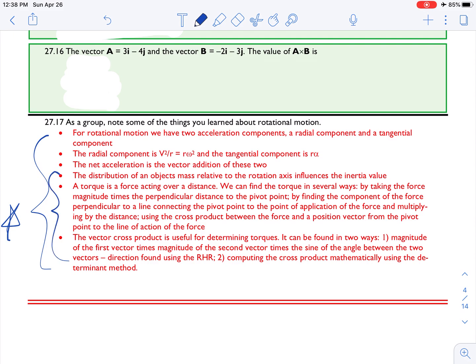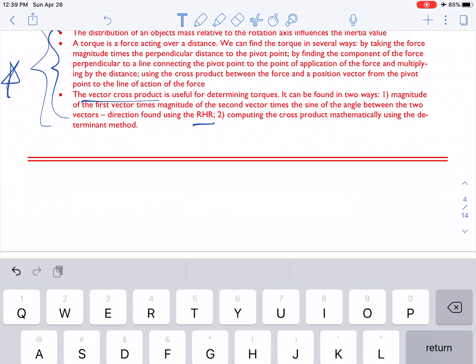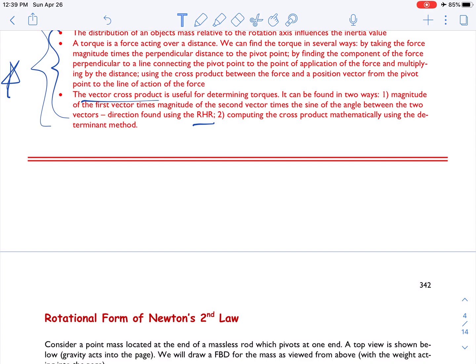Especially these three are the new ones that we covered last time. So understand what a torque is, what extra math we use, the vector cross product, what the right-hand rule is. Please go through these before moving on. And in the next video, I'm going to start talking about the rotational form of Newton's second law.